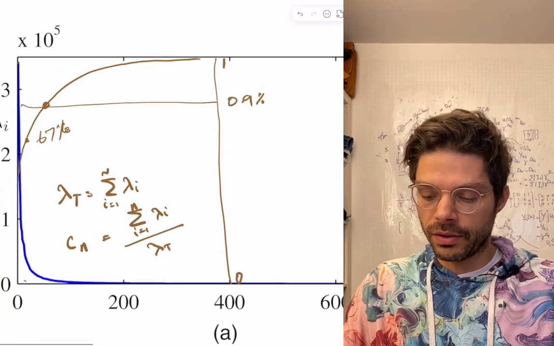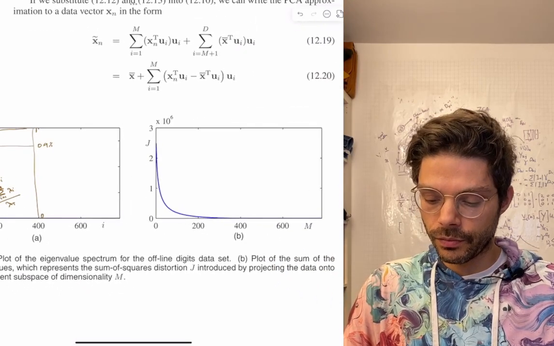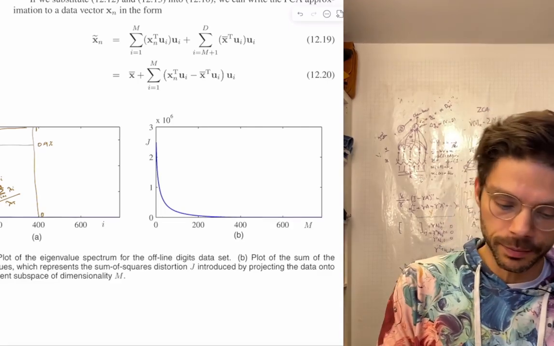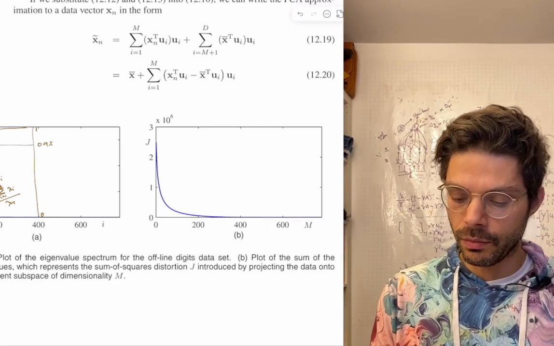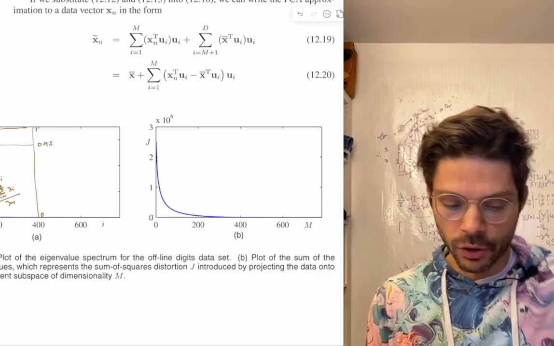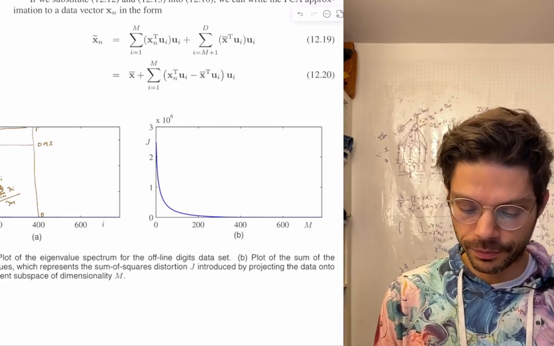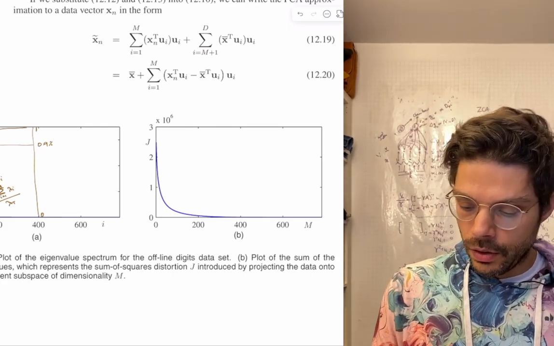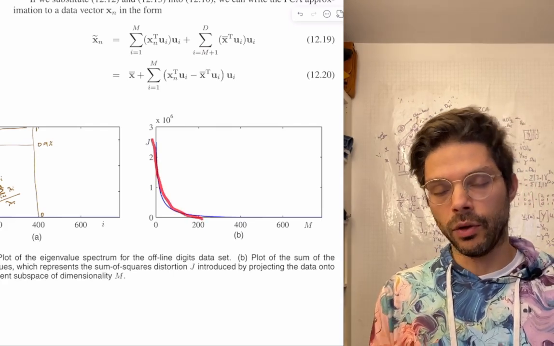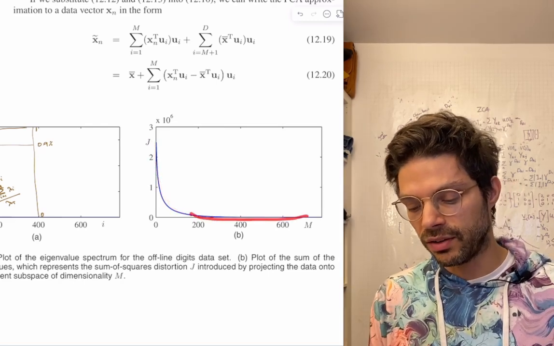In the next plot, let's zoom out. This is the distortion measure, the amount of energy left. This distortion is the amount left if you take more and more components. Notice that it goes down to 0.